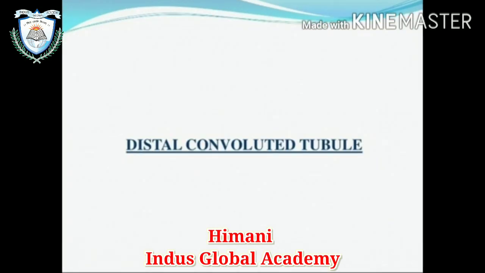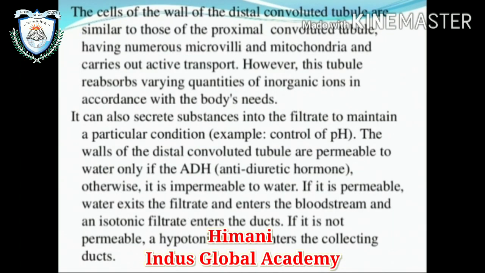Now, the DCT. The cells of the wall of the DCT are similar to those of the PCT, having numerous microvilli and mitochondria and carrying out active transport. However, this tubule reabsorbs varying quantities of inorganic ions in accordance with the body's needs. It can also secrete substances into the filtrate to maintain a particular condition, like control of the pH.